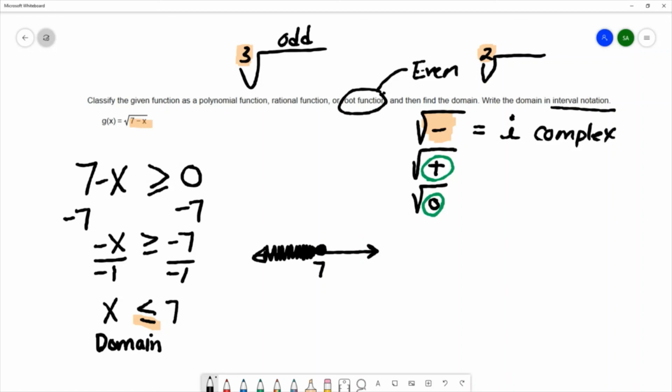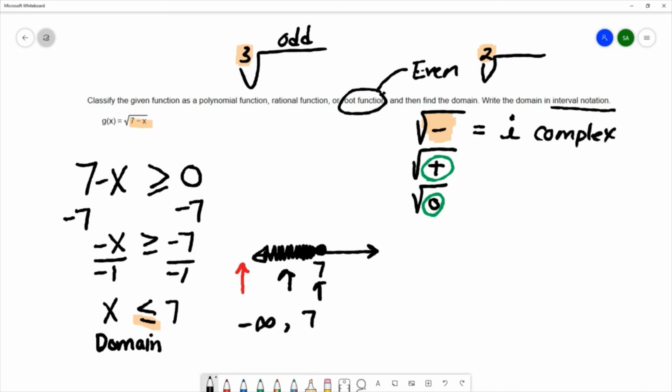And from this graph, we can produce the interval notation. Interval notation will give you a lower bound and an upper bound for that interval. So for this interval, the lower bound is negative infinity, and the upper bound is 7.